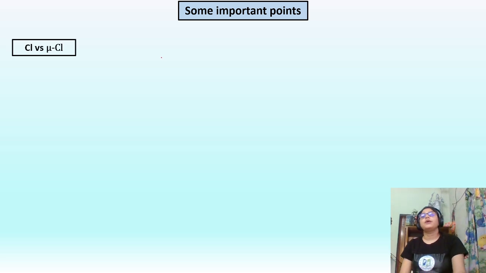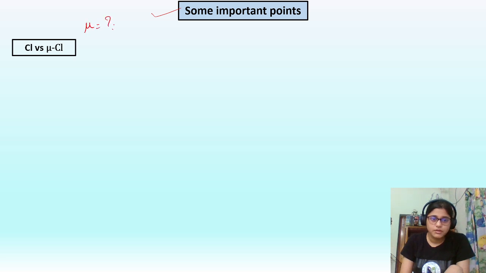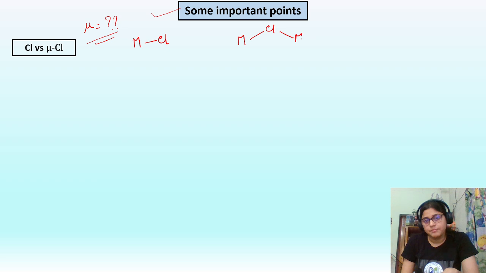Now some important points for electron contribution is that Cl versus mu Cl. Mu means bridging. Okay, mu means bridging. So let's say M-Cl is there, and in another case there is M-Cl-M.